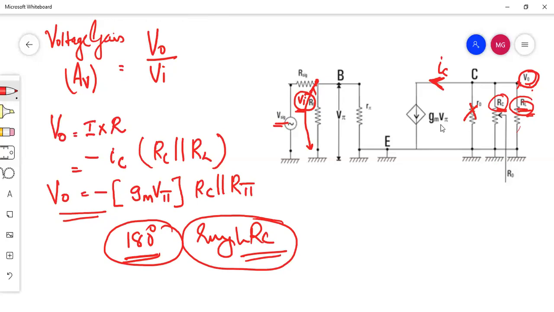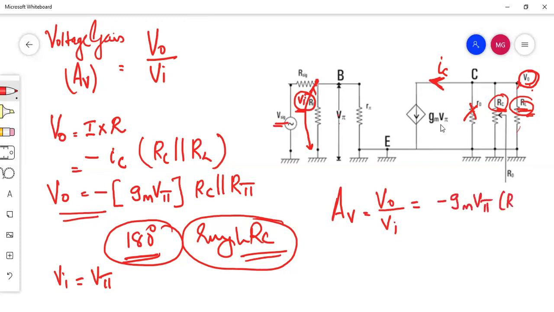What about the input voltage? You know that this input voltage is parallel to this voltage. These two voltages are in parallel, so I can say input voltage equals V pi. So I can state that the voltage gain, that is Vo by Vi, equals output voltage, minus gm V pi into RC parallel RL, divided by the input voltage, V pi.